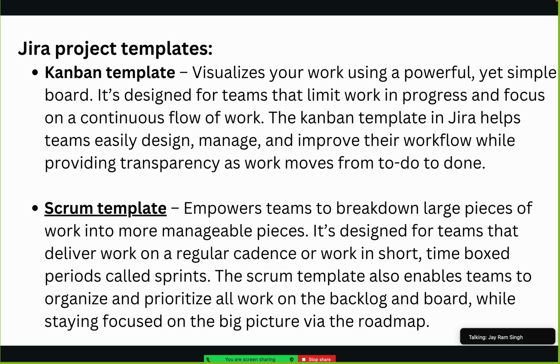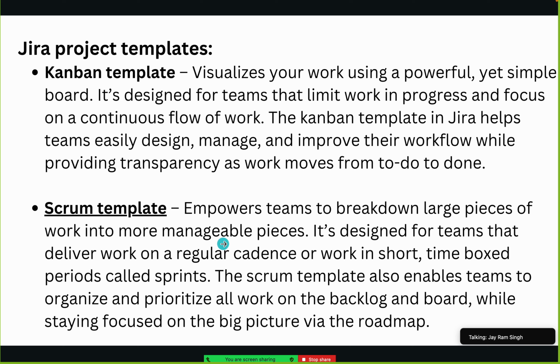We'll do all the practicals after this 1 or 2 slides, so don't worry guys, it's not totally theoretical, it's practical. So we'll see how all this can be used. I'm talking here about Kanban and Scrum templates. If continuous development is going on and you are only focusing on the progress and continuous flow of work, then definitely we can go with Kanban, when we have to choose the project template, not type.